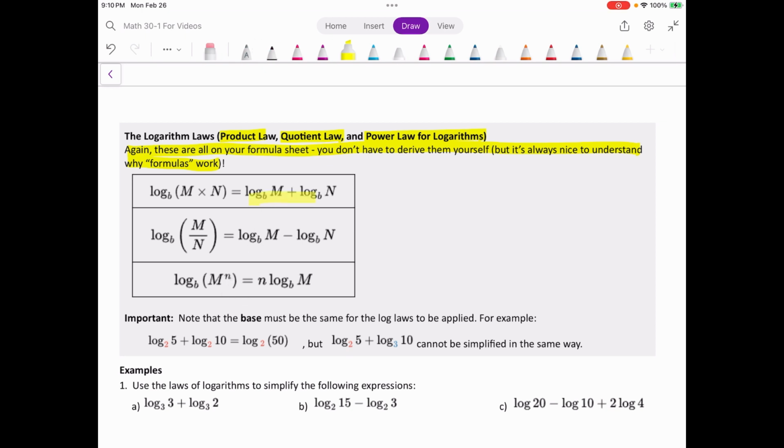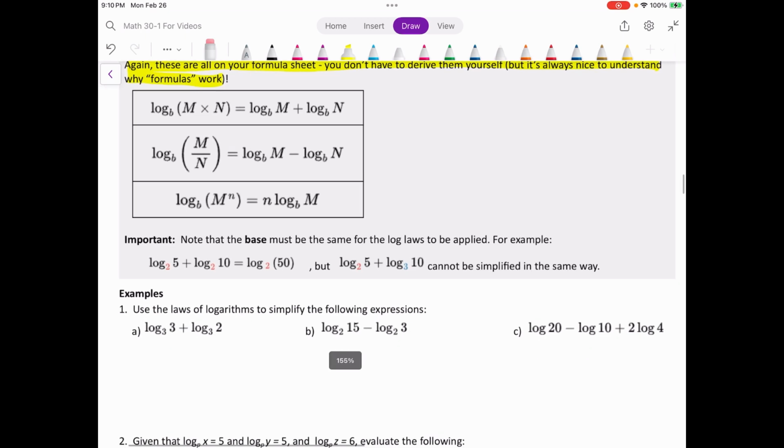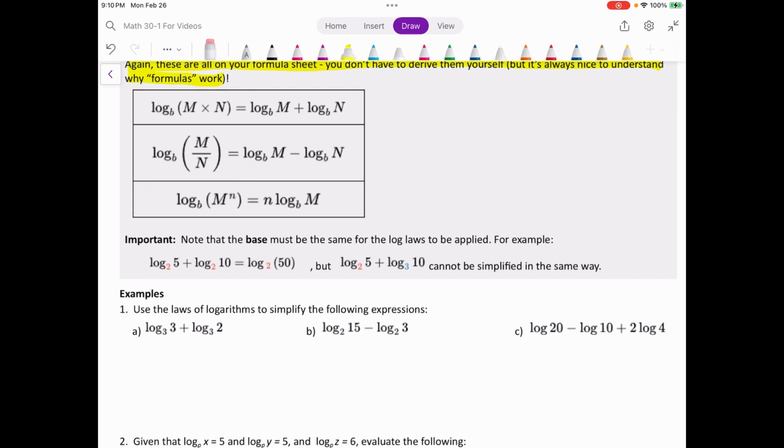We can use these to massively simplify, to condense huge logarithmic expressions down to just 1 log, or vice versa. Take just 1 log and expand it out into many smaller logs that are easier to evaluate. These can be super helpful for simplifying and making into logs we can actually solve.